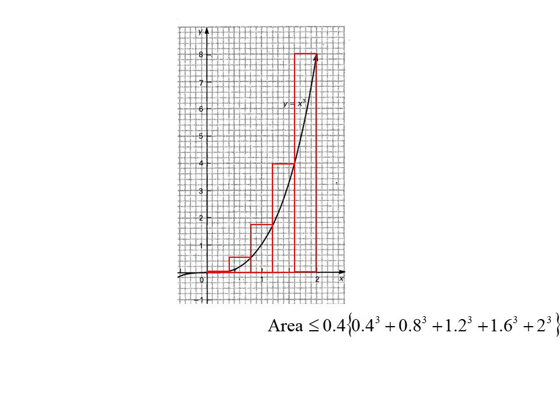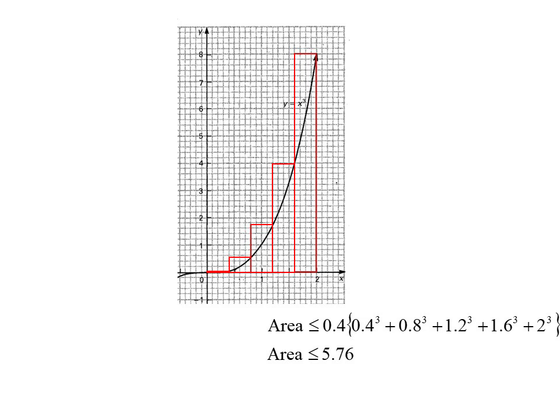By doing that, my overestimate, you would see, is less than what it was before. The width of each one of those is 0.4. The height of the first rectangle would be 0.4 cubed, and the next one 0.8 cubed, and so on. I now know that the area under the curve is less than 5.76. I put equals there as well, because theoretically it could be, but we know it's not.